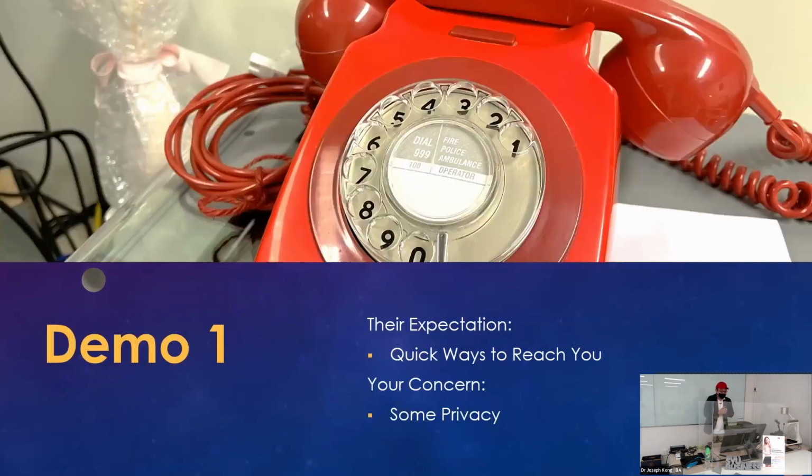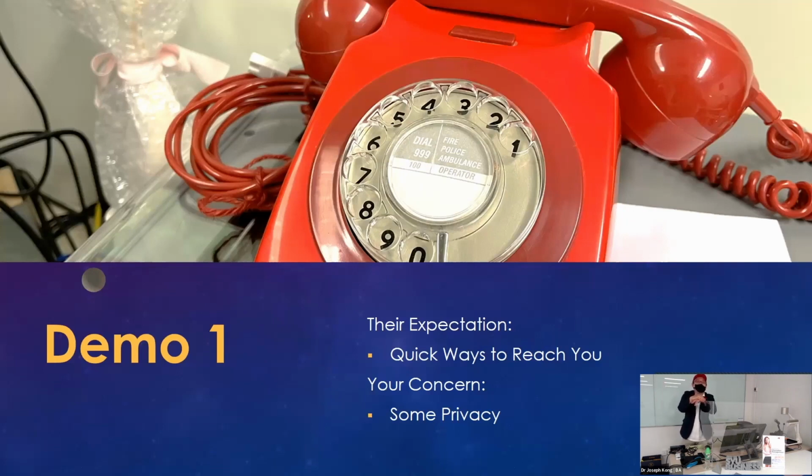Now, I think I will give you demonstration number 1. So, problem number one. Students like to use WhatsApp to communicate with each other, maybe to talk about something with their group mates and classmates. Now, they want to ask for your WhatsApp, but you would like to have some privacy.